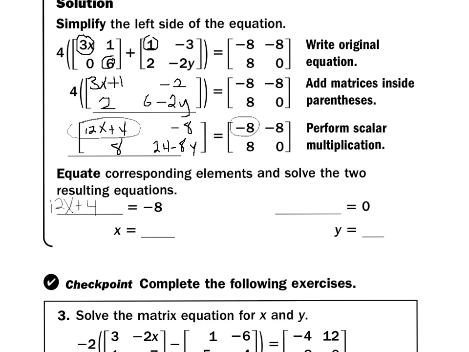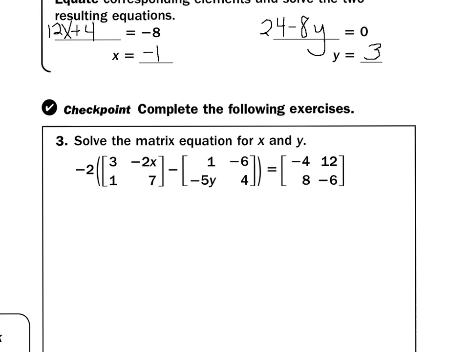If I subtract 4 from both sides and divide by 12, I'll have x is negative 1. Now for my y, 24 minus 8y corresponds to the 0 answer. I'm going to subtract 24 from both sides, divide by negative 8, so y equals 3. Okay, so pretty easy.